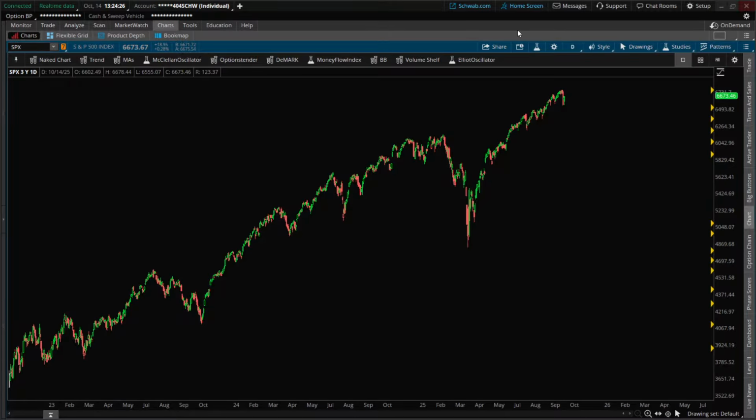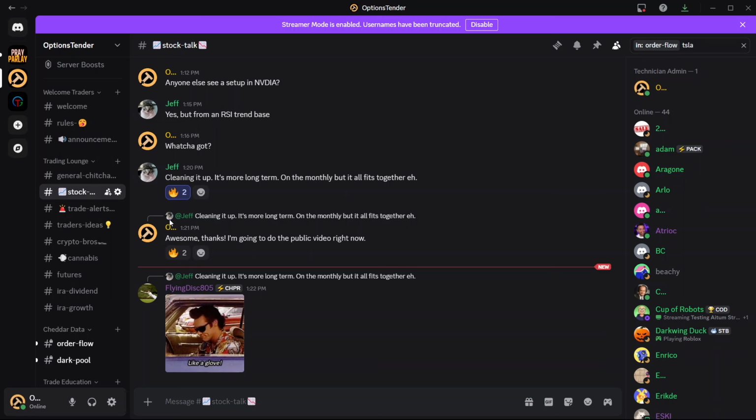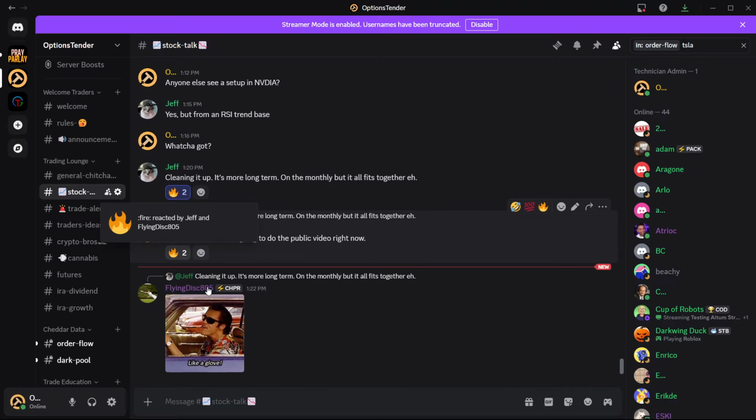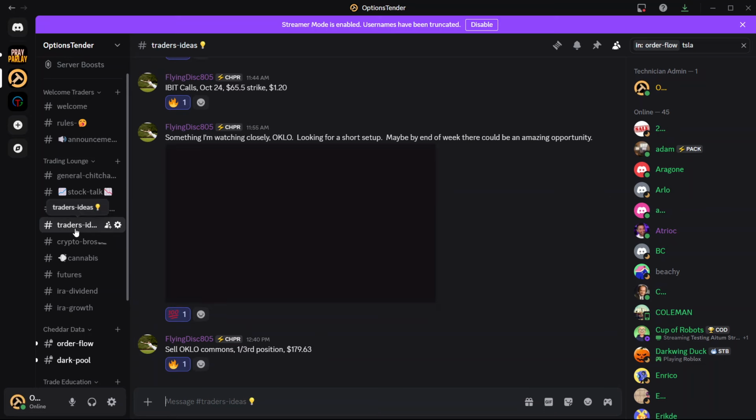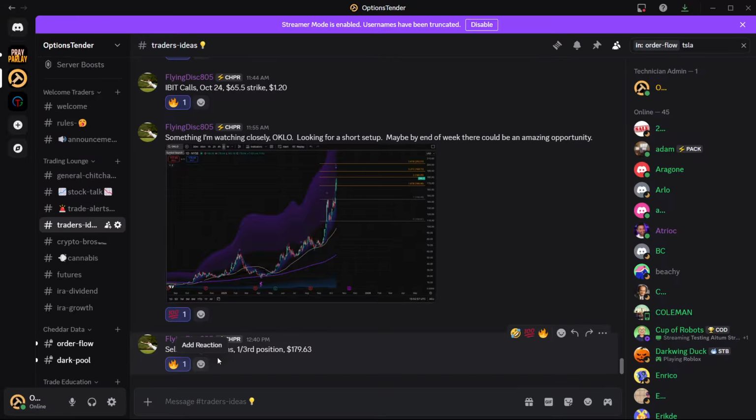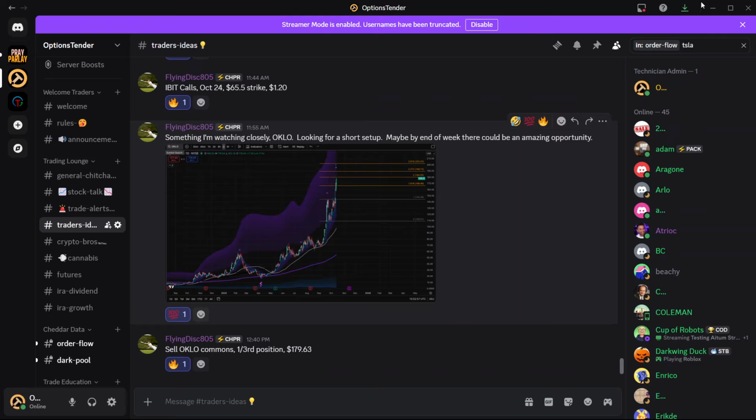I do want to mention the Discord once again. Some of our traders are working out trades here. Flying Disc was looking at Oklo. He's been on fire with his trades, and one of them is Oklo. In his trade ideas right here, selling some Oklo commons, and I really like this trade.